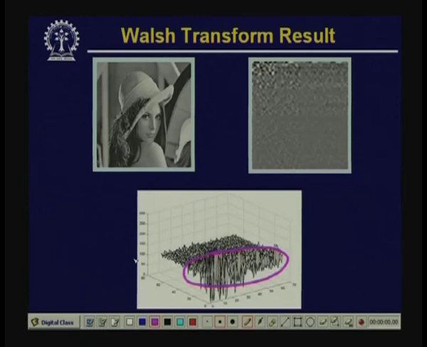Not only that, for this Walsh transformation, it is also possible to have a fast implementation of 2D Walsh transformation almost in the same manner as we have done in case of the discrete Fourier transformation, where we have computed the fast Fourier transform or FFT. So, in case of discrete Walsh transformation, the fast implementation will be even simpler.